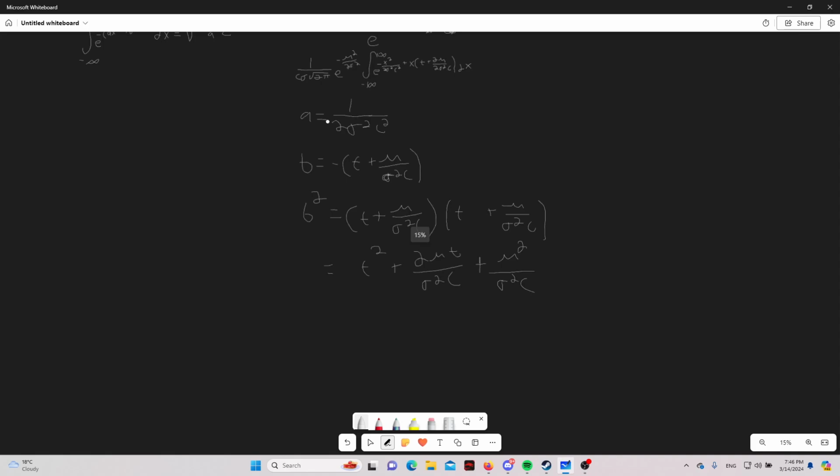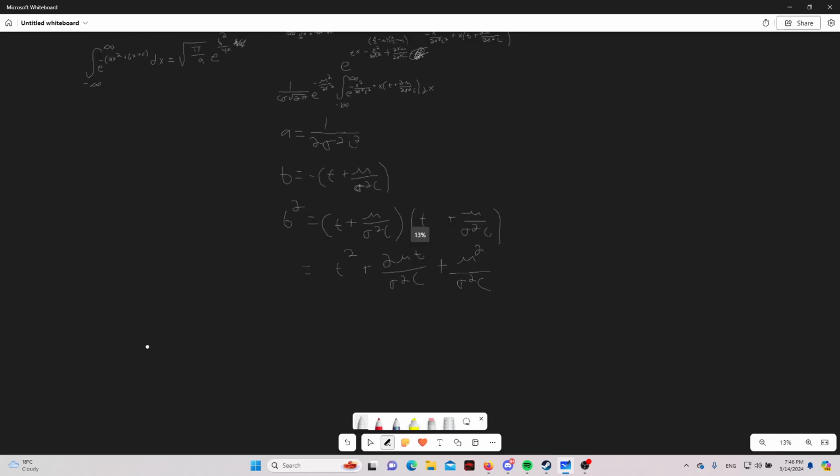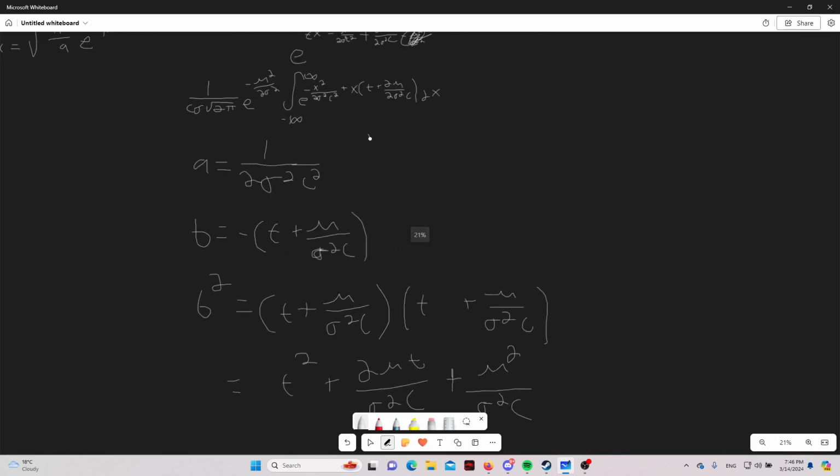Okay, so this is a. So let's just do 1 over 4a real quick. So 1 over 4a will be multiplying this by 4 and then inverting it, which will be just flipping the numerator and denominator. So this will be 2 sigma squared c squared over 4.